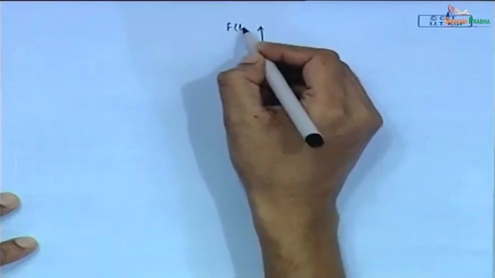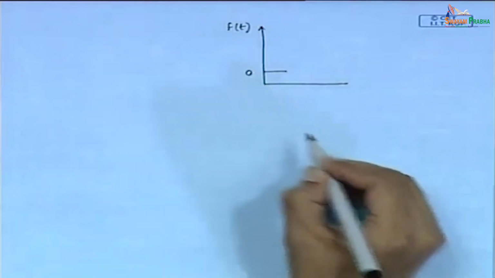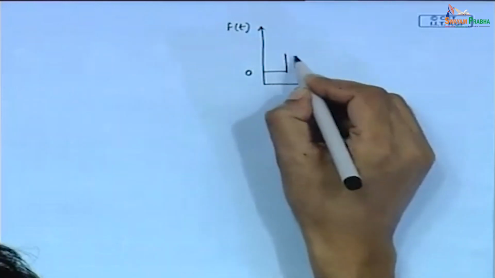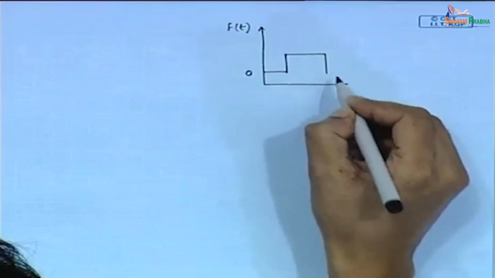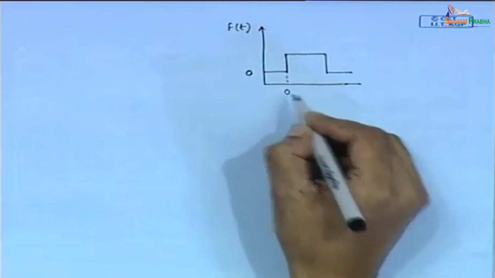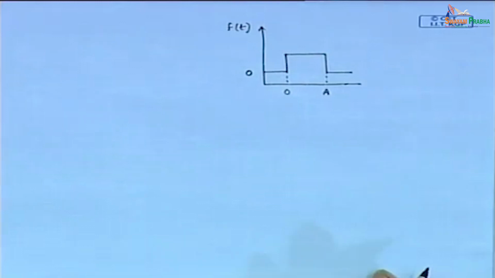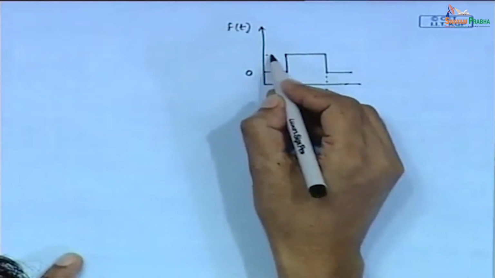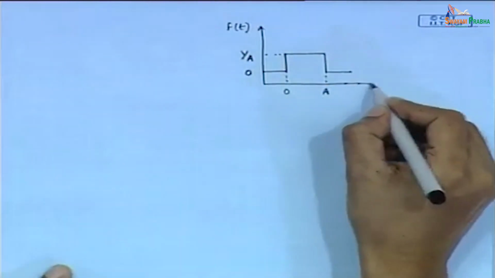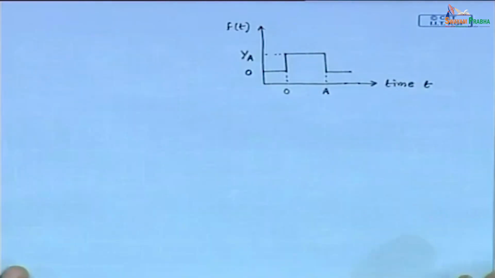This is f t, 0 initially, then this is 0 and this time step is suppose a, and we are considering here 1 by a, this is time t, fine.